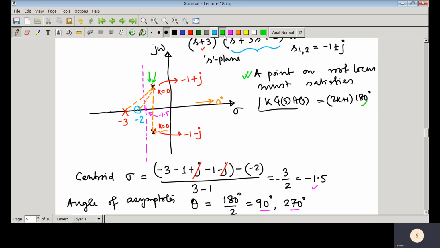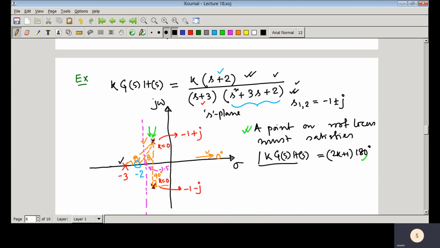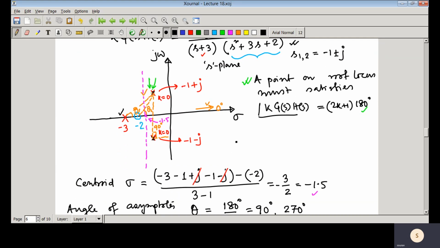So we need to find the angle contribution of each pole. Suppose this is theta 1, this is theta 2, and this one is 90 degree because they are complex conjugate. From this particular pole, if you draw a line, it would be perpendicular to the reference. The angle contribution for this pole is theta 1, and as the pole is in the denominator, its angle contribution is negative, that is minus theta 1.